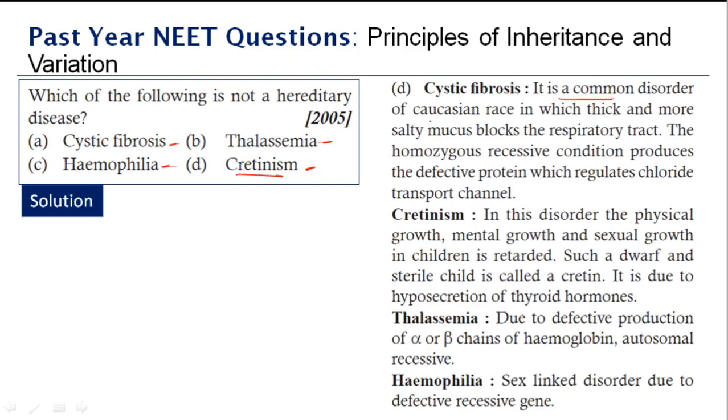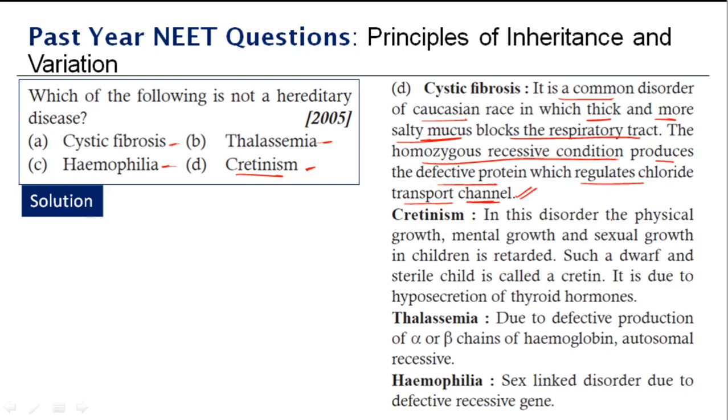It is a common disorder in which thick and more salty mucus blocks the respiratory tract. The homozygous recessive condition produces a defective protein which regulates the chloride transport channel. Therefore it is a hereditary disease.